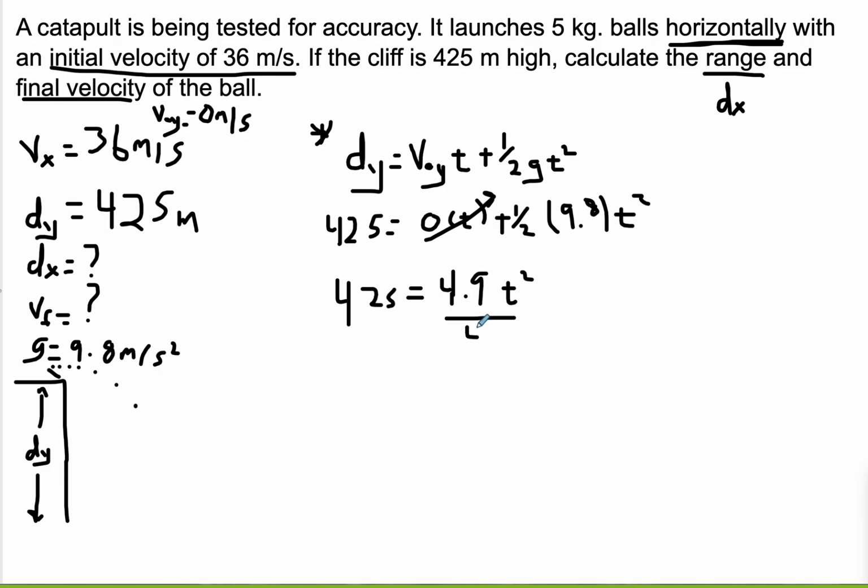You guys know you divide both sides by that. Can someone either shout out or type in the box what 425 divided by 4.9 is? 86.7. And then I don't want t squared. t squared equals 86.7, so I've got to take the square root of that. So the time in air is going to be 9 point what?